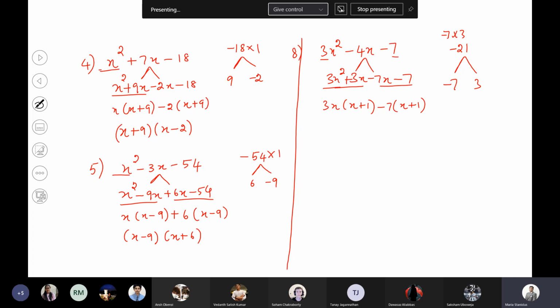So if you consider a polynomial as ax square plus bx plus c, then the product is always ac. Now, in this case, x plus 1 is a common factor, and we take 3x minus.